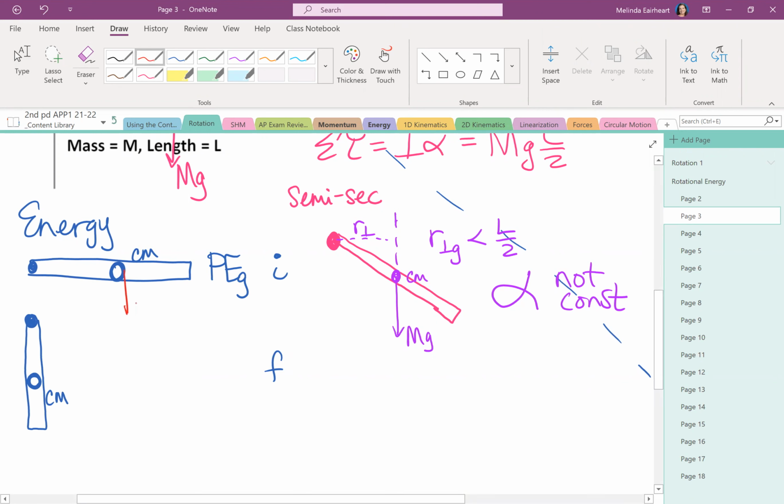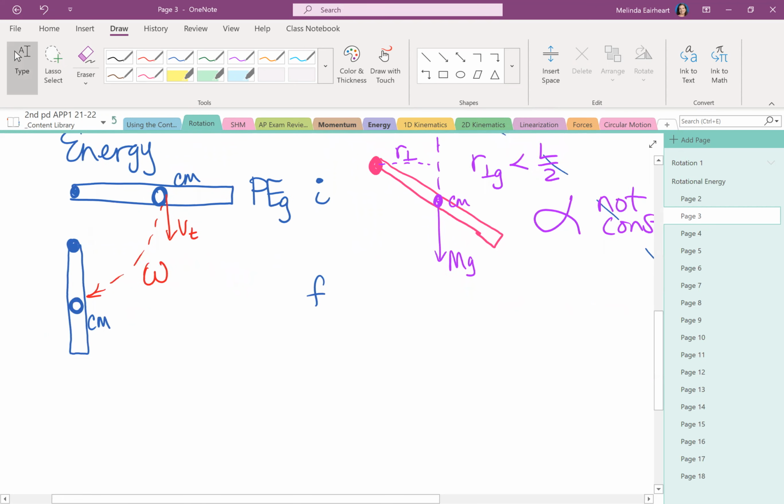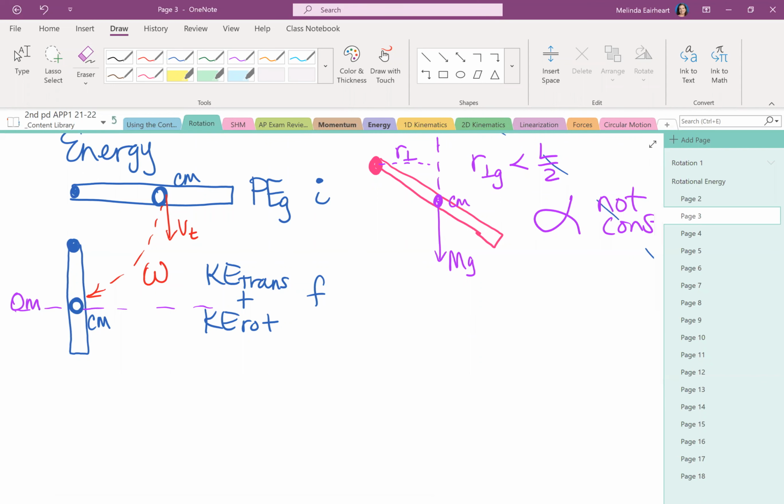At all these points, it does have a tangent velocity, but it also has an omega, right? And so we've got some linear motion of the center of mass. We've got some angular rotational. And so final, we're going to have that KE translational and KE rotational. Now, if we call this the lowest point of your center of mass, then we can say no more potential at that spot. Good?